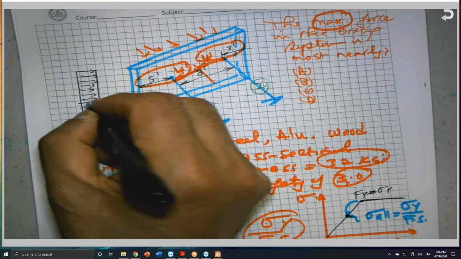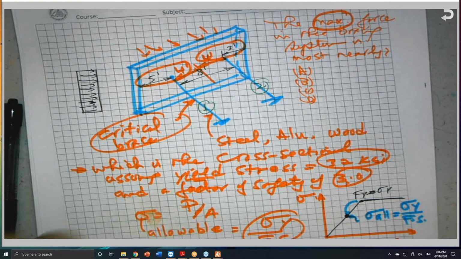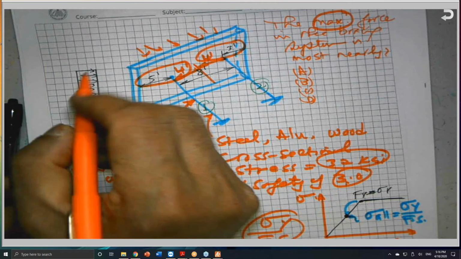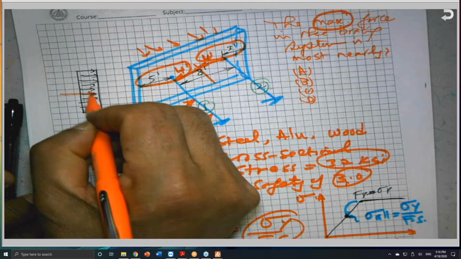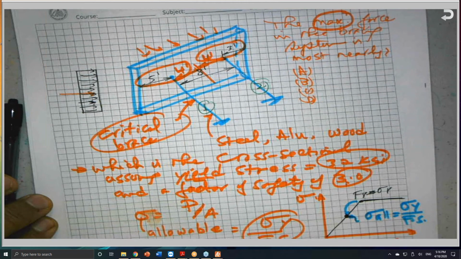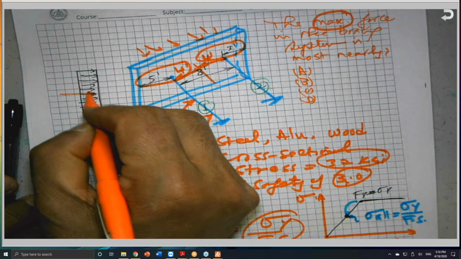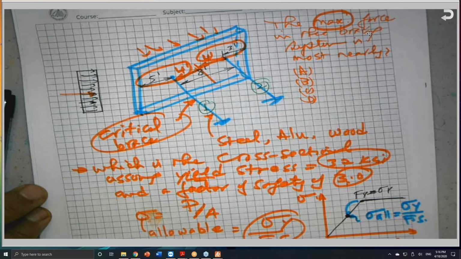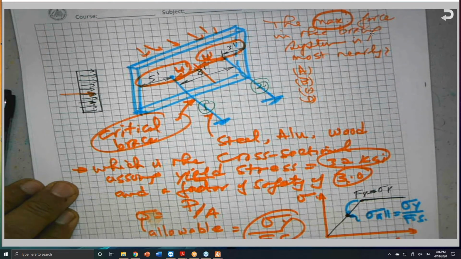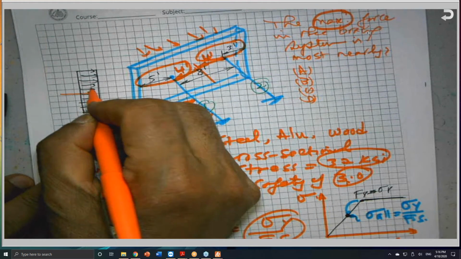Okay. This is a uniform load, the wind. It will be acting at the center of the load, so the centroid.